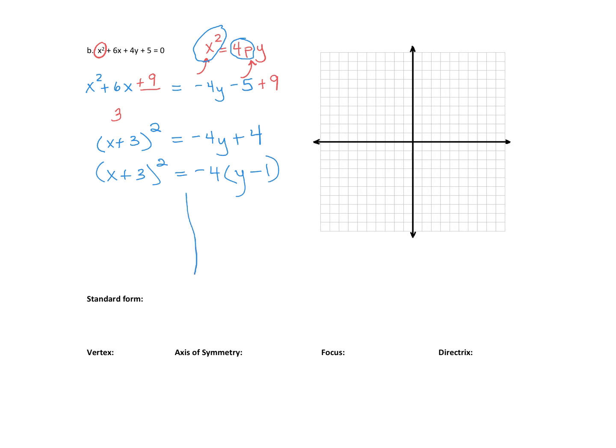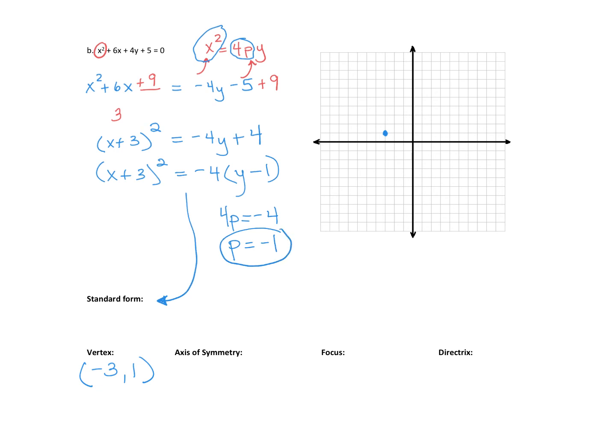So this is our standard form, and we can see from this that our vertex is negative 3, 1 here. Our 4p is negative 4, so our p is negative 1.